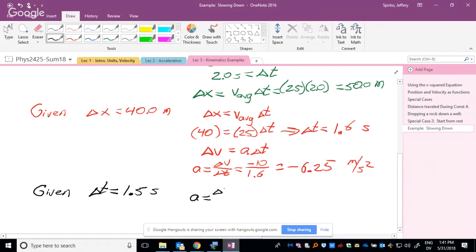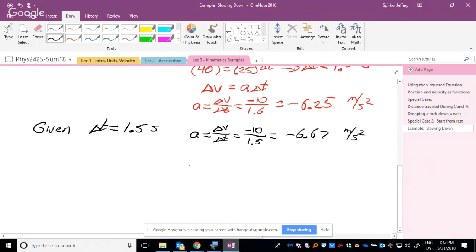A is delta V over delta T, which is -10 over 1.5, is something else: -6.67 meters per second squared.